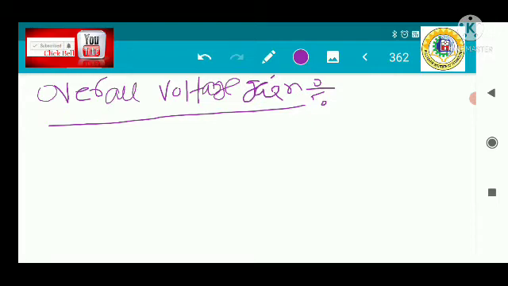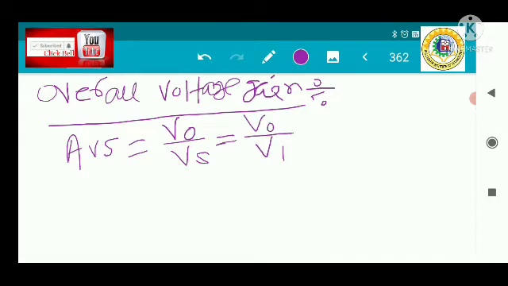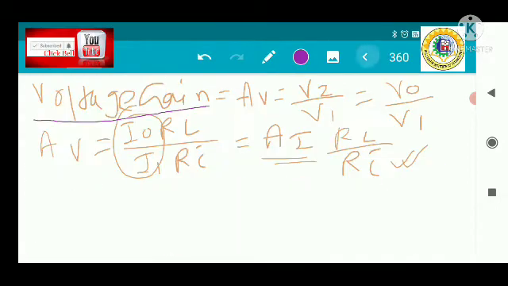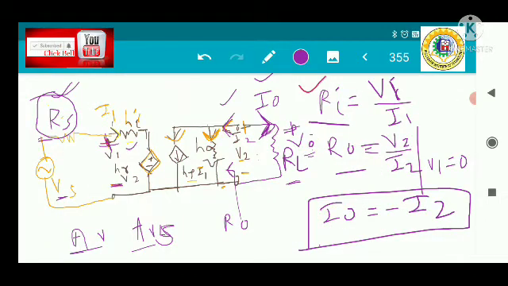As I have said, the overall voltage gain is represented by V0 divided by Vs. Now this can also be written as V0 divided by V1 into V1 divided by Vs. And what is V1? V1 is the voltage actually falling onto the input section of the transistor.